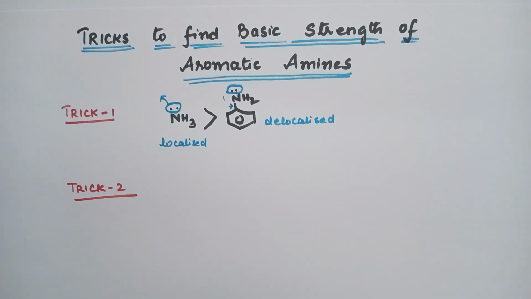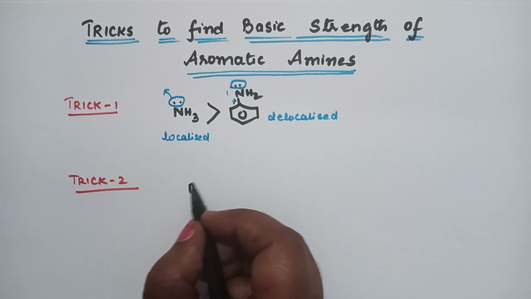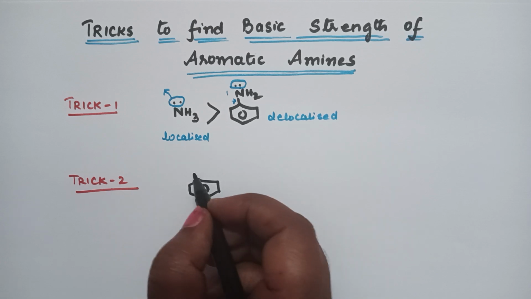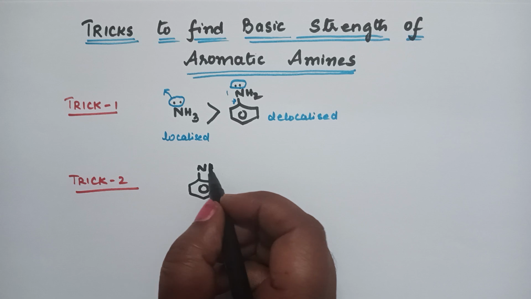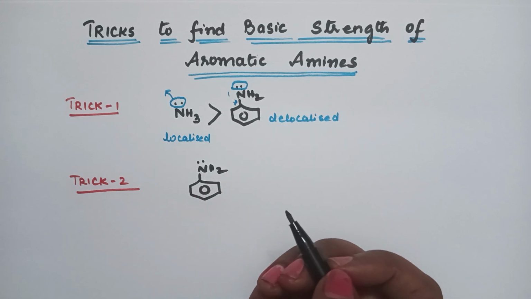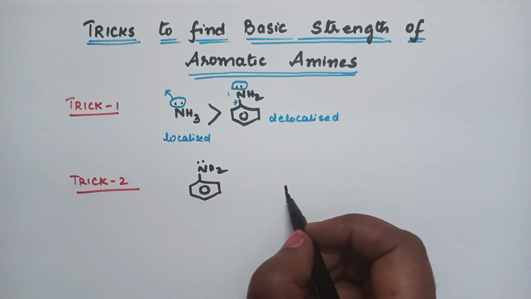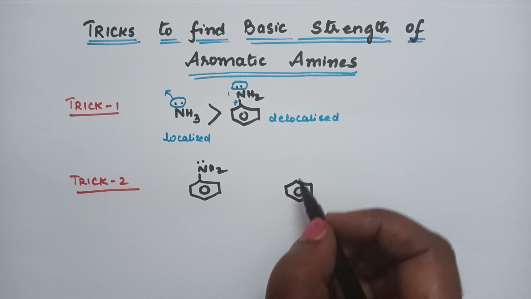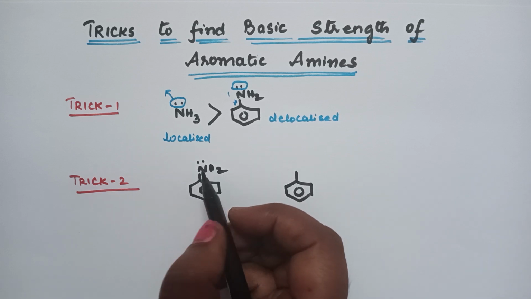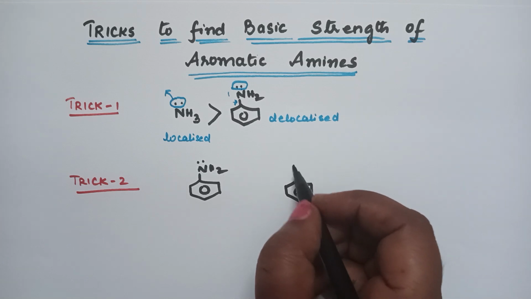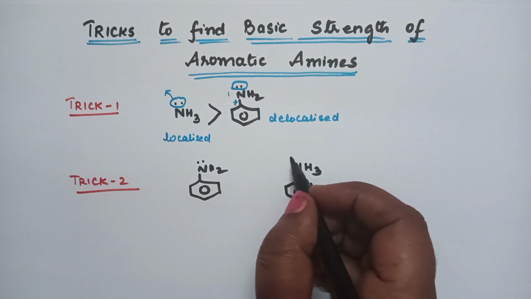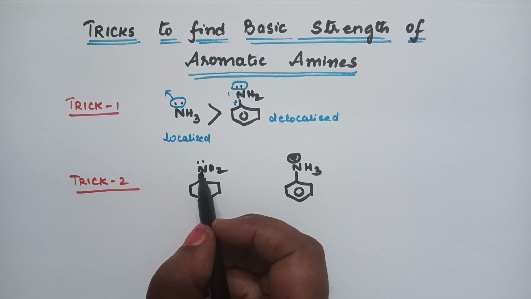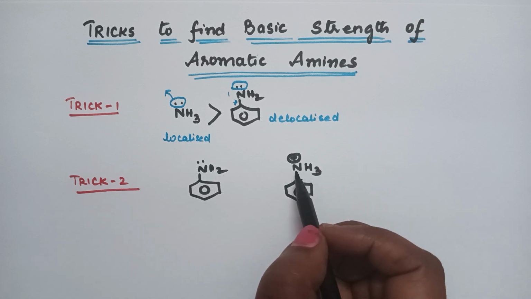Trick number 2 is: let us take aniline, NH2 with a lone pair of electrons, and then take the anilium ion. That is, aniline, if it takes a proton, becomes NH3 plus. Here nitrogen has a lone pair of electrons and here nitrogen has a positive sign.